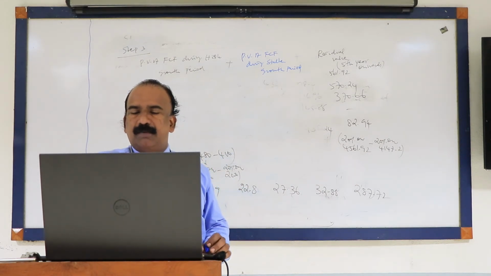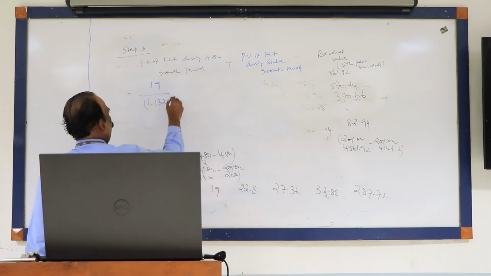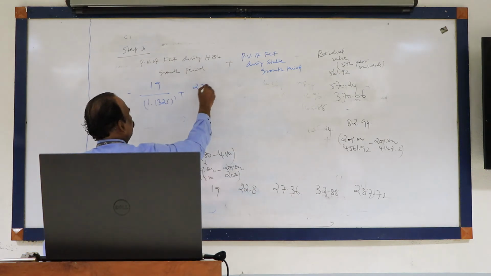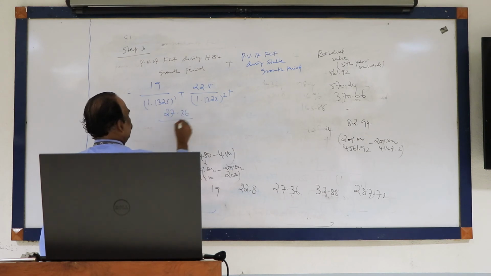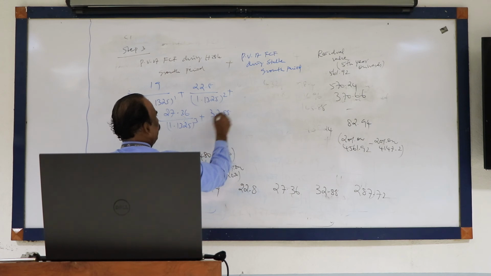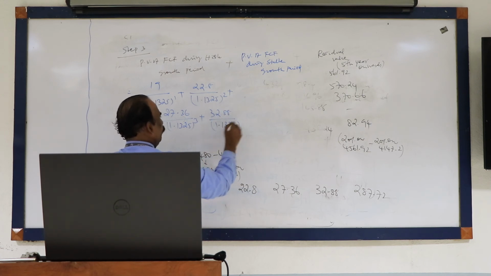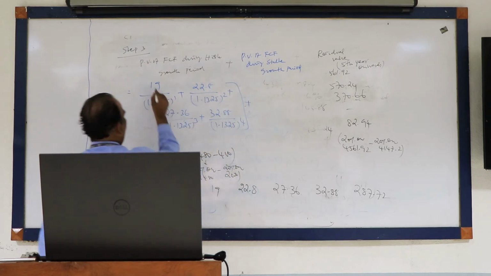WACC is 13.25, that is 1.1325 per 1, plus 22.8 divided by 1.1325 per 2, plus 27.36 divided by 1.1325 per 3, plus 32.88 divided by 1.1325 per 4. Okay, this is the first stage.